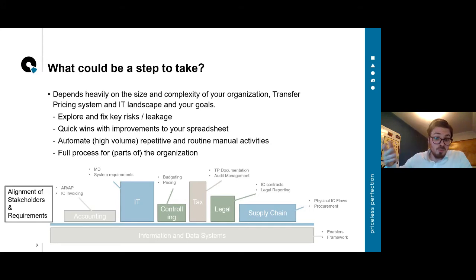And then a few years down the line, there's a chance that you will need to defend those results in the tax audit. So that's just to demonstrate that there are lots of sub-processes across departments involved in this, which you already mentioned, Michael.